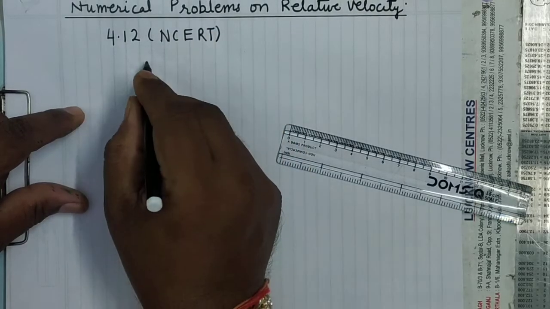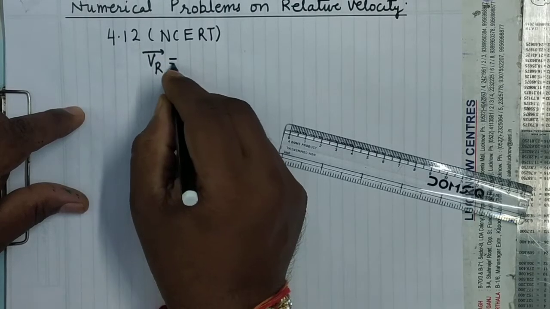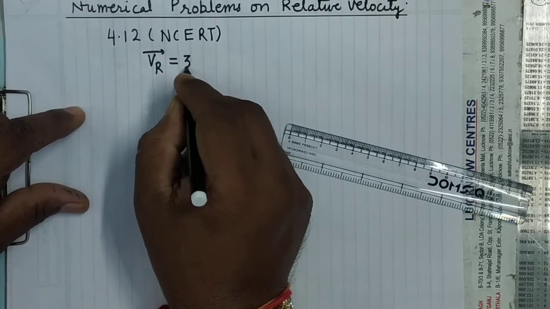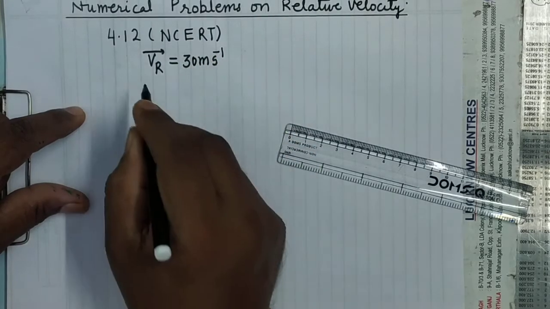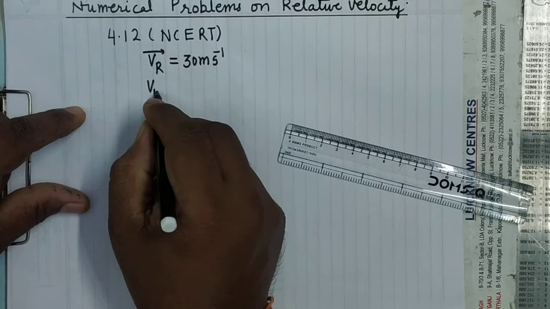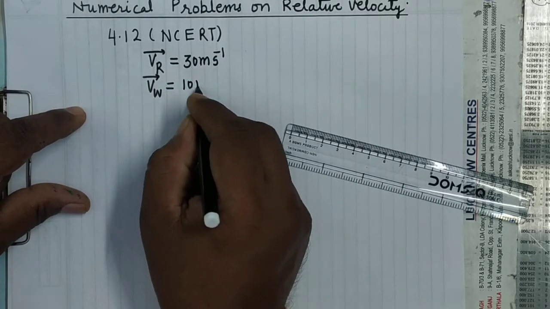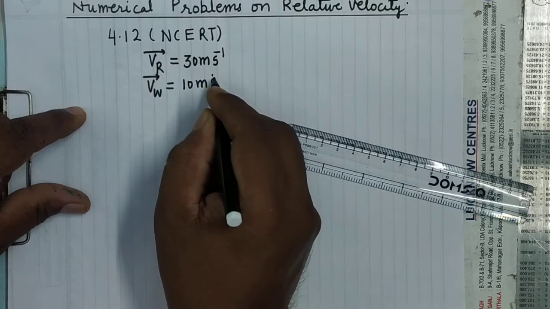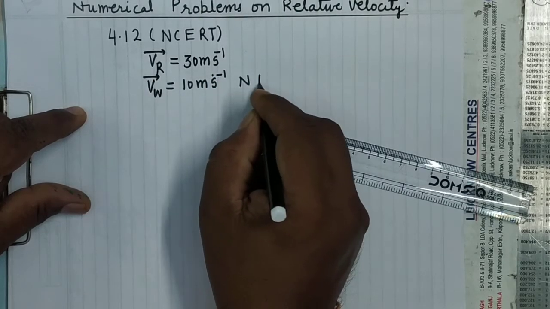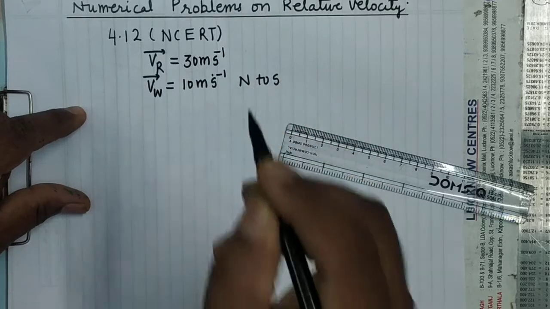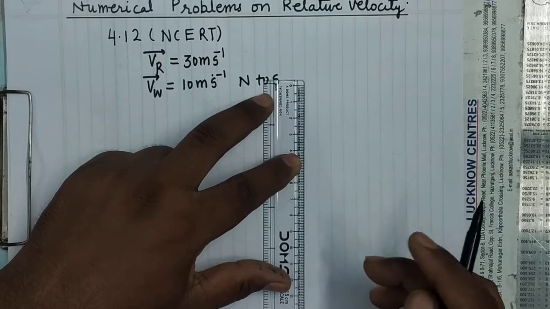What is velocity of rain is given? It is given 30 meter per second downward, vertically downward. And velocity of woman is given, it is given 10 meter per second north to south, N to S. So see here, first you make the diagram.